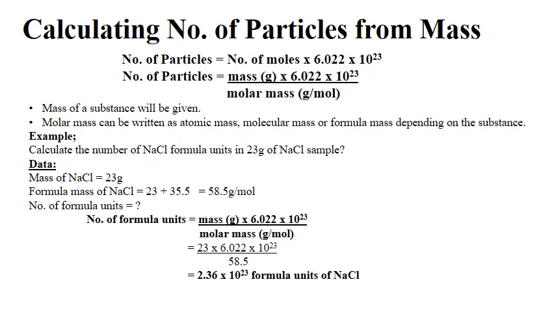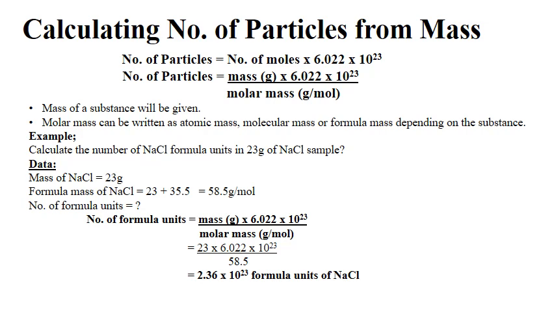So using the formula that I mentioned above, the number of formula units can be calculated as mass in gram of sodium chloride divided by its molar mass, and we multiply this whole thing with Avogadro's number. If we multiply 23, that is mass in gram, with Avogadro's number and divide it by 58.5, that is molar mass, we get 2.36 into 10 raised to power 23 formula units of NaCl.